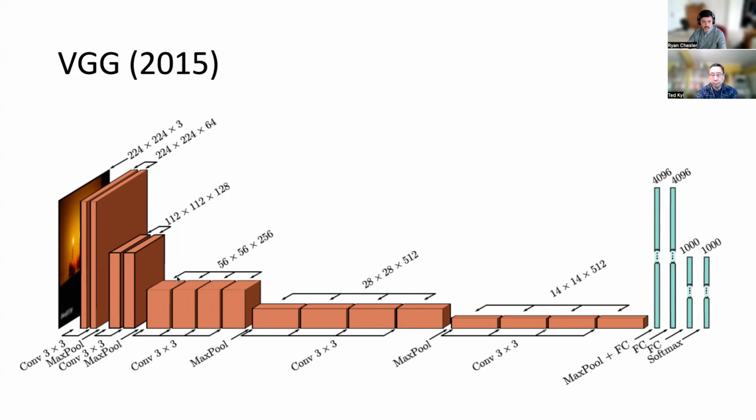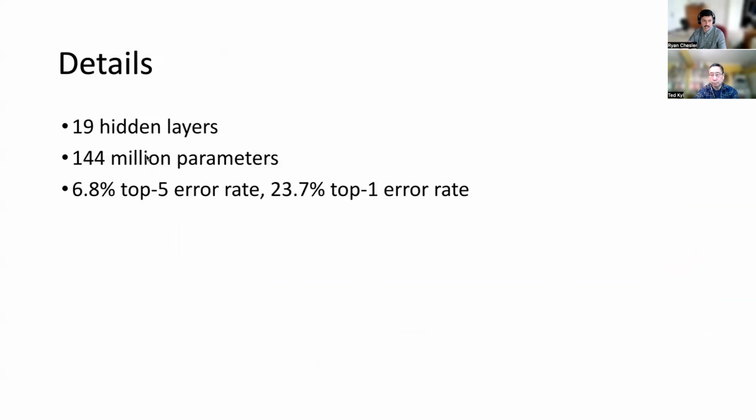So if you actually look at this, it's not very far removed from AlexNet. But the interesting thing about this is it has more parameters, more layers, and then they got a much, much better result. They basically halved the error rate of the previous network.